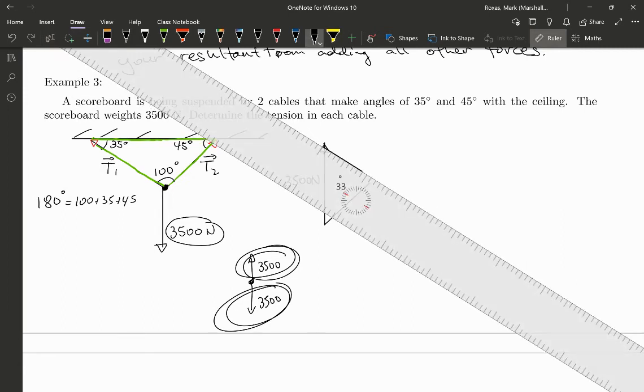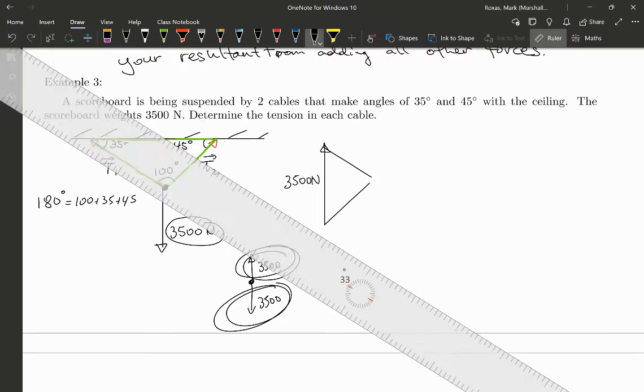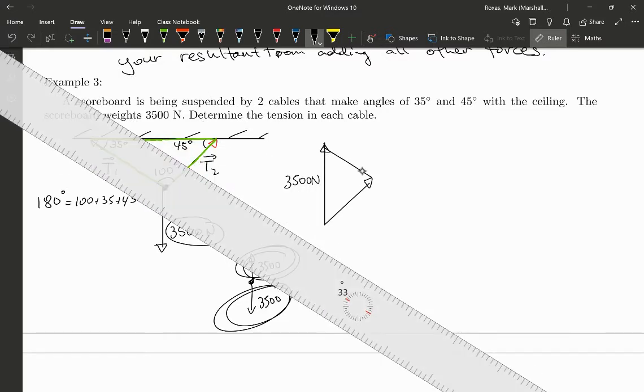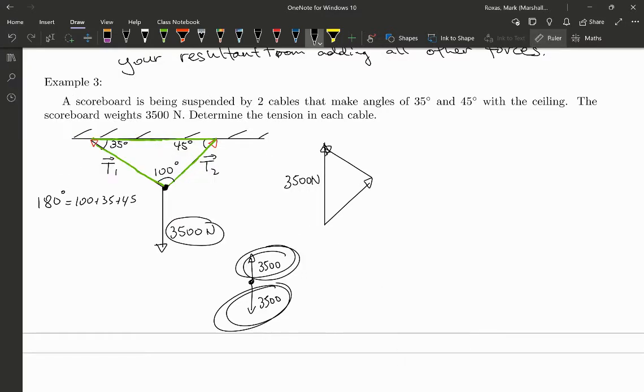All right, close enough. There's my arrow. Here's my T2 over here, and here's T1. Now the arrows are connected head to tail.